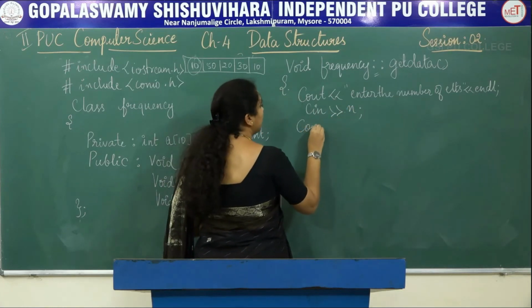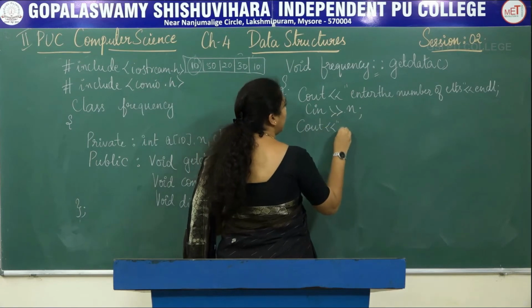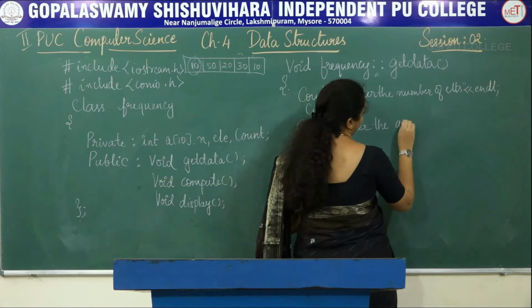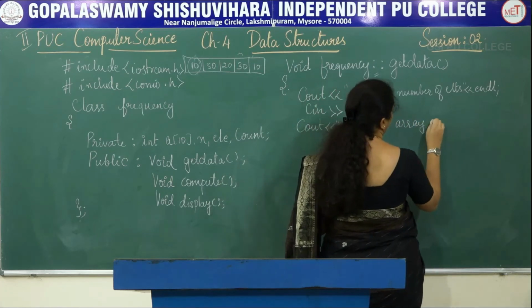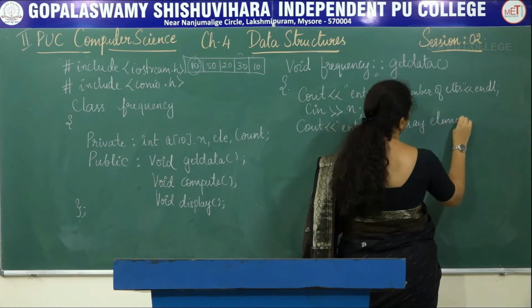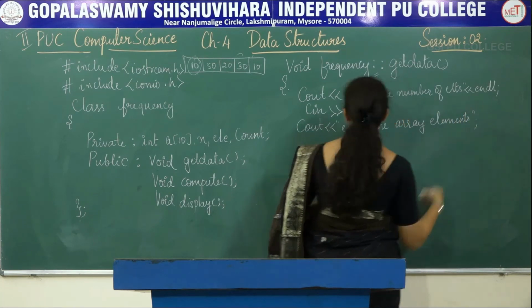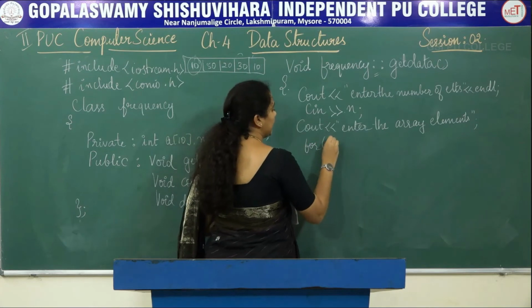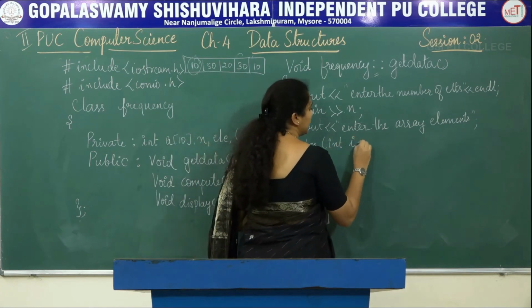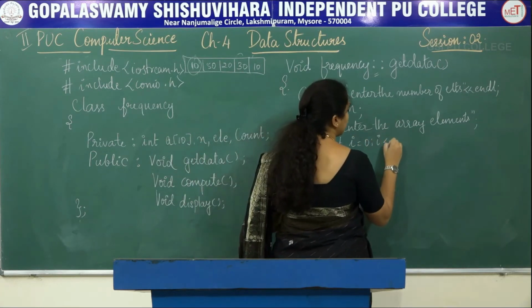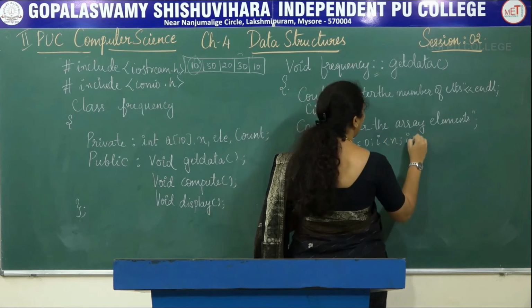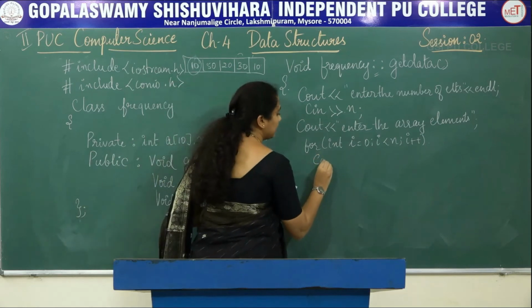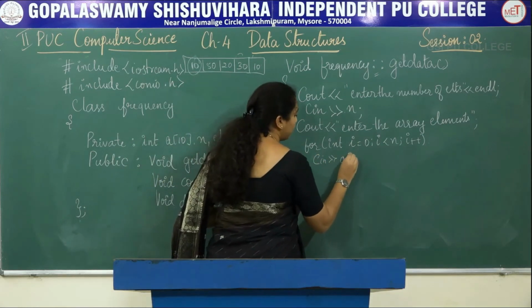Next, cout: Enter the array elements. for i = 0; i < n; i++, cin >> a[i].